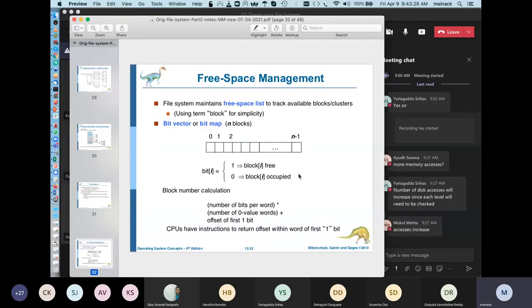So the value is the number of bits per word times the number of zero-value words, plus the offset of the first 1 bit. The cool part is that CPUs already have instructions to return the offset within a word of the first 1 bit. So you divide this bit vector into words, and then you get the first 1 bit in that word by one single instruction.